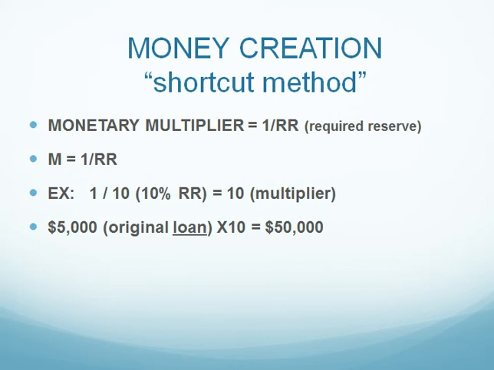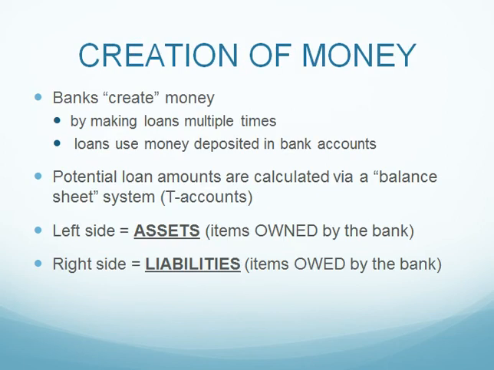So 1 divided by 10% gives us 10. That's our multiplier. So if we have $5,000, which is the amount of the original loan, times our monetary multiplier, which is 10, then we're going to create $50,000 in additional money through lending using loans.